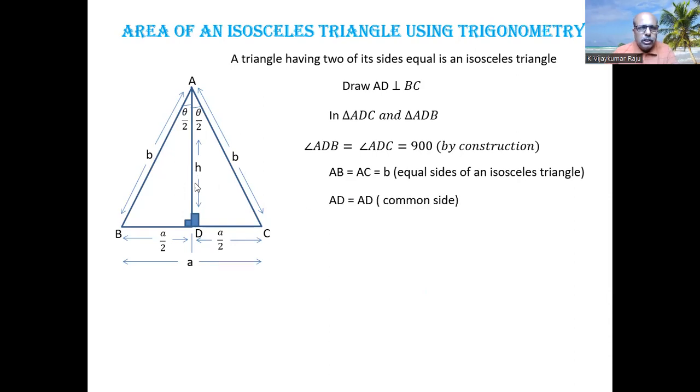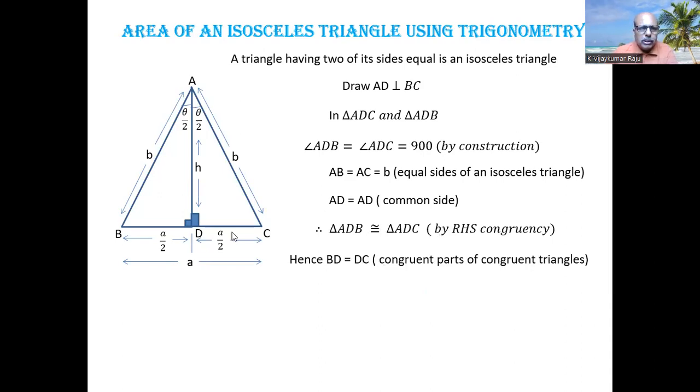Therefore, these two triangles are congruent by RHS congruency. Because these two triangles are congruent, BD is equal to DC, congruent parts of congruent triangles. Therefore, you can say BD is equal to DC is equal to half of BC, which means A by 2, as shown in this figure.